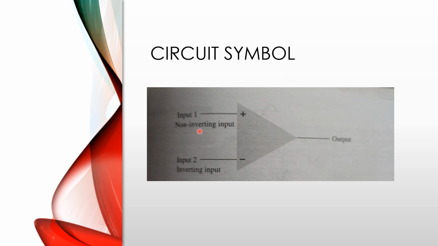The significance of this terminal is that it inverts the voltage. That means when we apply positive voltage, it inverts it to negative voltage, and the output is negative. And when we give negative voltage, then we get positive output.